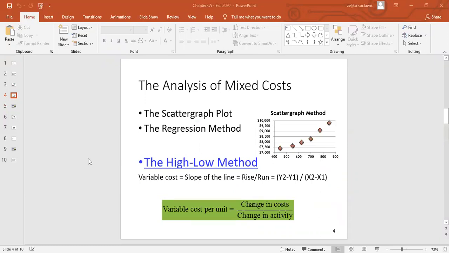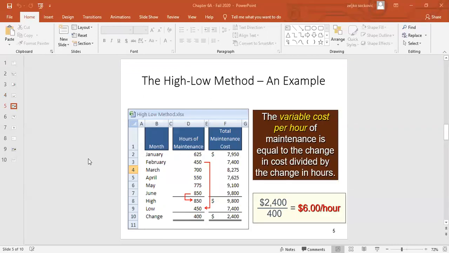But the bottom line, you will find it by looking at how the activity changes in relation to cost, right? And you will always start with activity first when you're looking for those 2 points, the high point and the low point. So we have a set of data here.